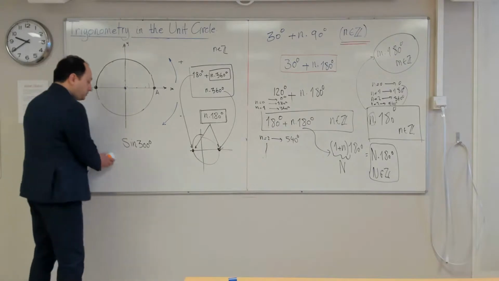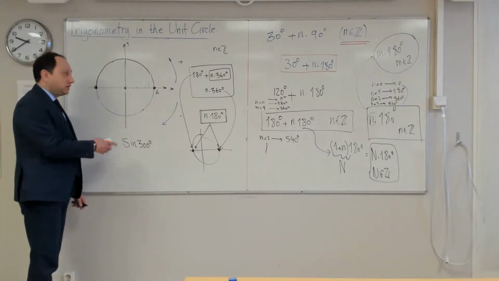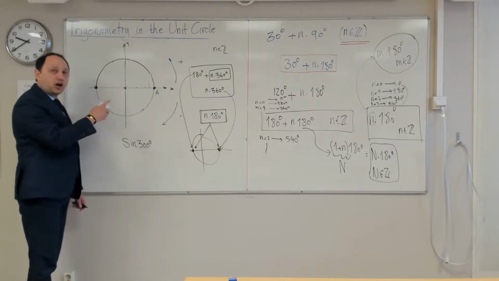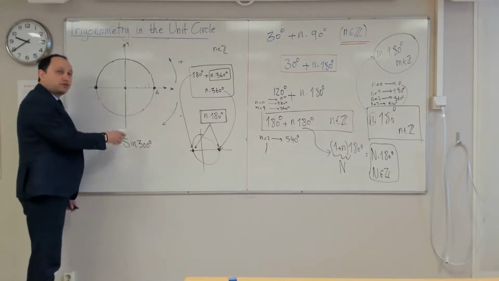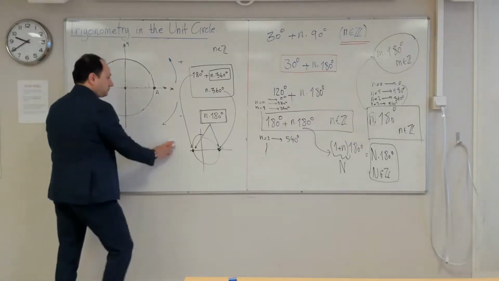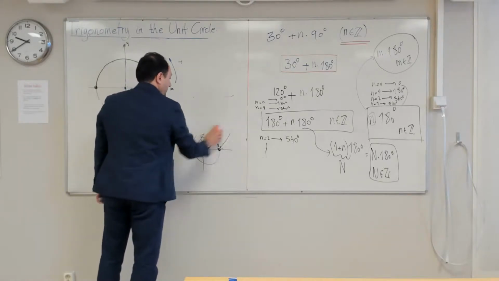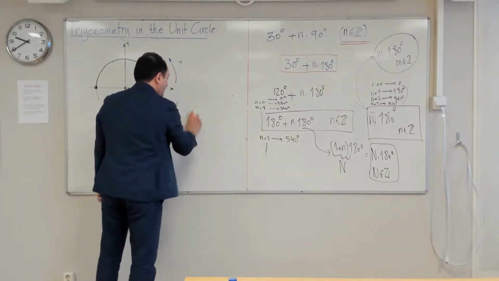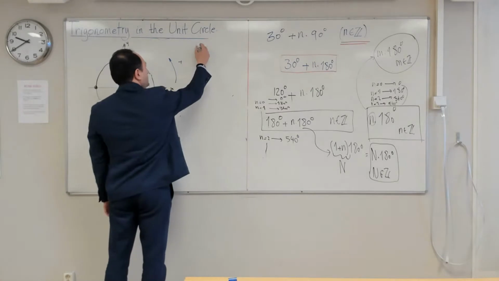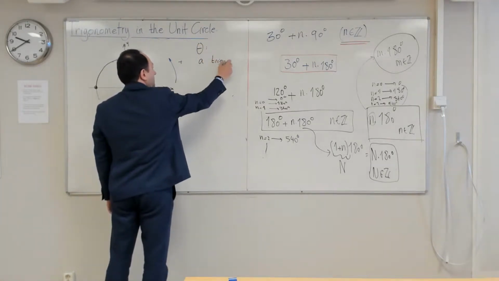So now I want to define sine, cosine, and tangent of the trigonometric angles, which of course includes right angle triangles as well. So what we say is this. I give you a trigonometric angle, so for example, say theta.